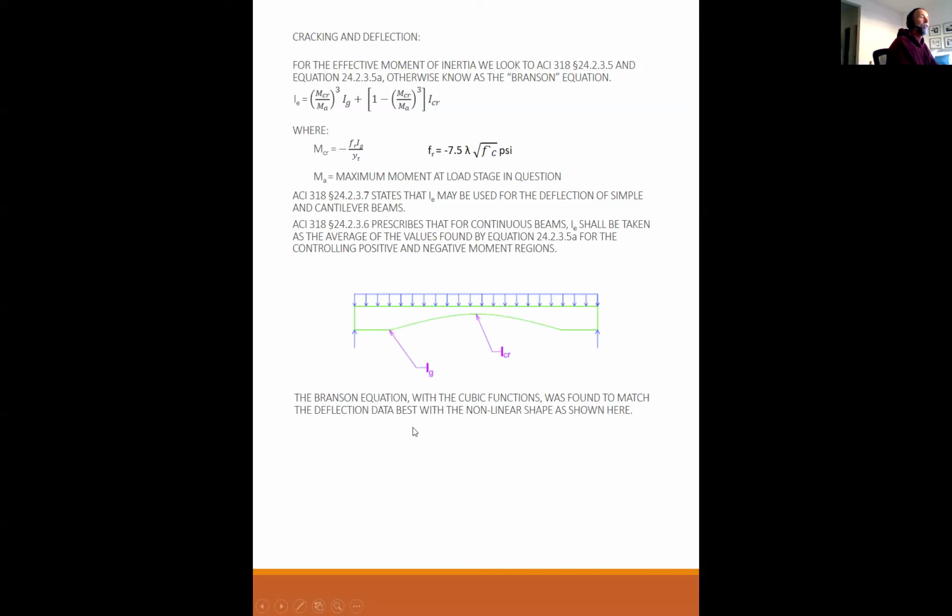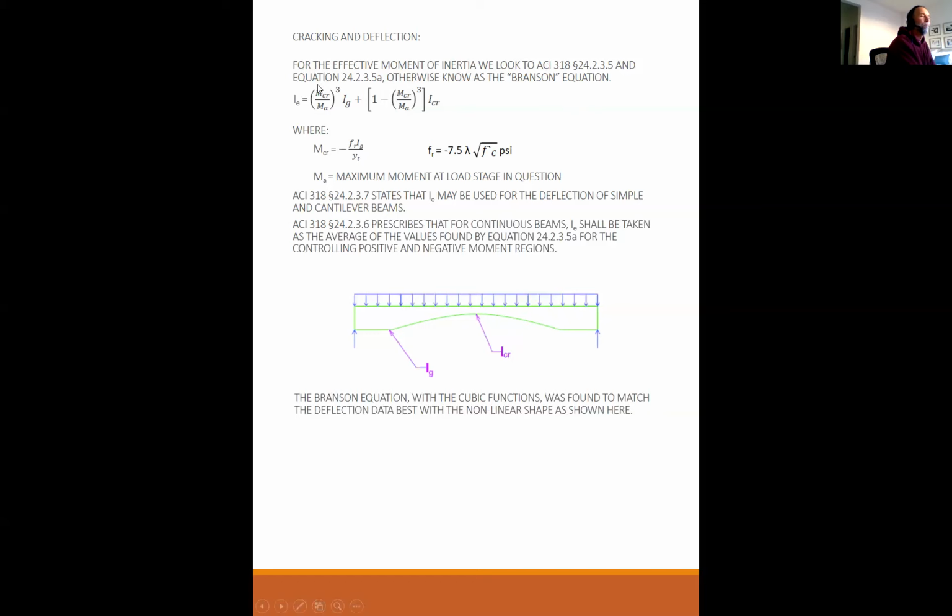The Branson equation with these cubic functions was found to match the deflection data best with the nonlinear shape as shown here. In other words, he went out and loaded up a whole bunch of concrete beams, from the first initiation of cracking until the serviceability limits, and he came up with this equation.